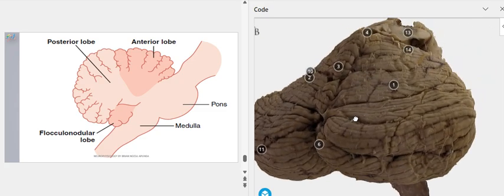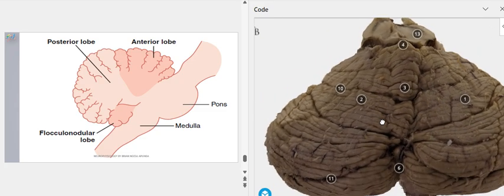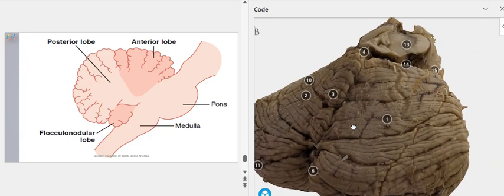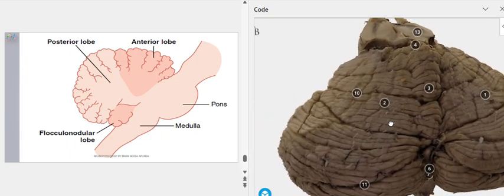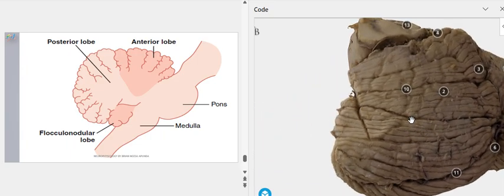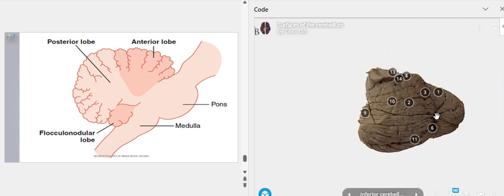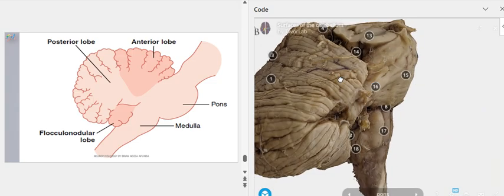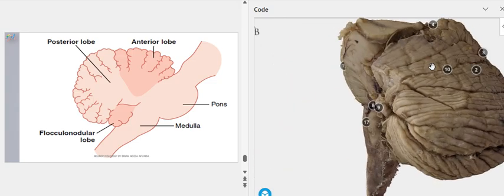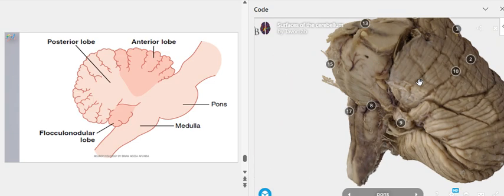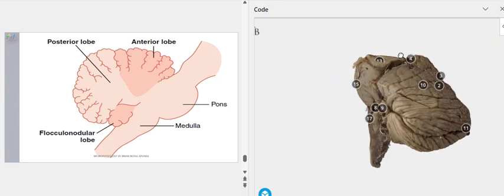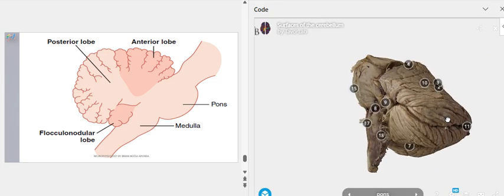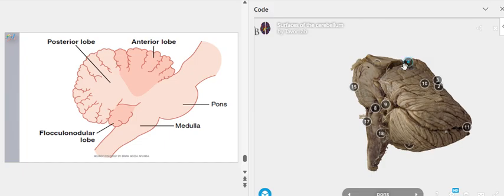So we are able to see it is divided into various major lobes. We normally have the anterior lobe. The anterior lobe is actually on top. It is anterior because if you look at it in a profile view, or let's say in a lateral view, the most anterior lobe will be the anterior.